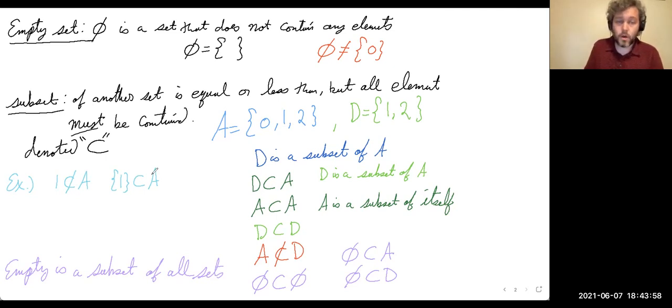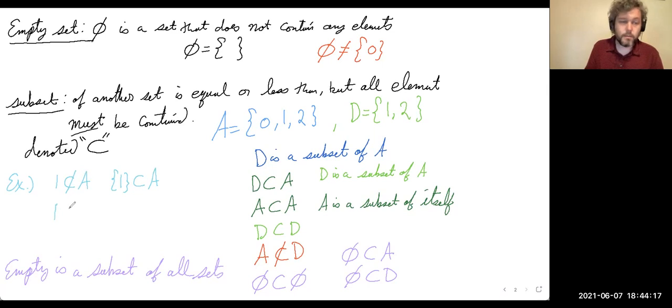We're going to see that on the homework. There are some trick questions there. The statement that 1 is a subset of A is technically not true, because just the element 1 is not a set.